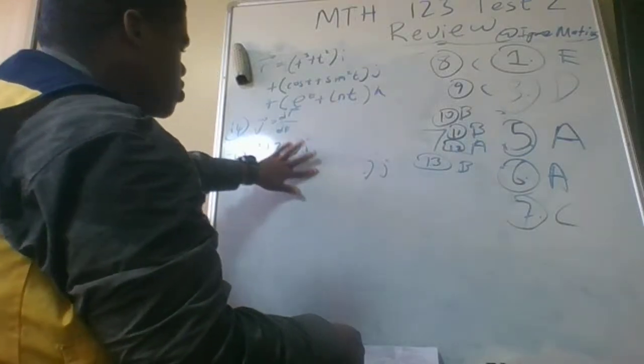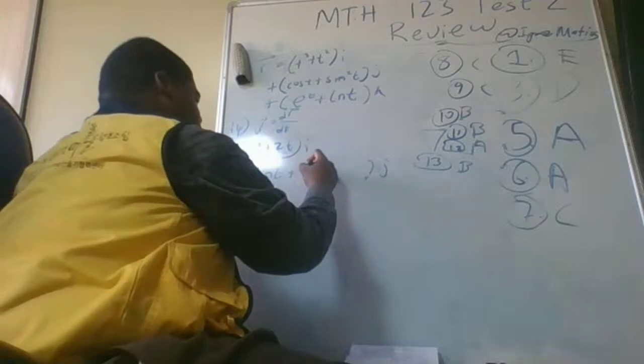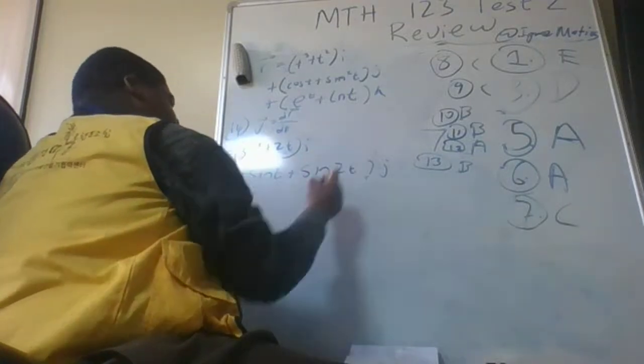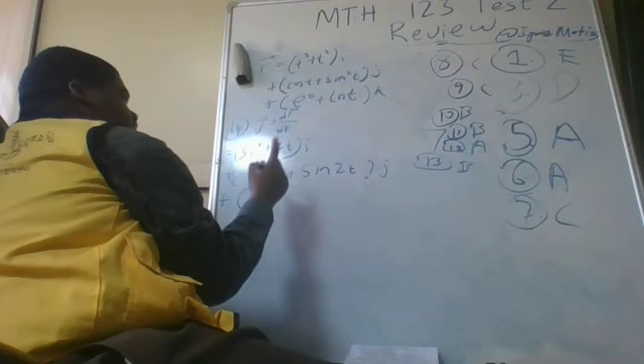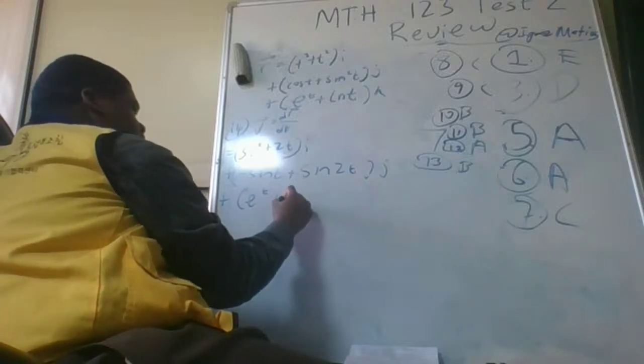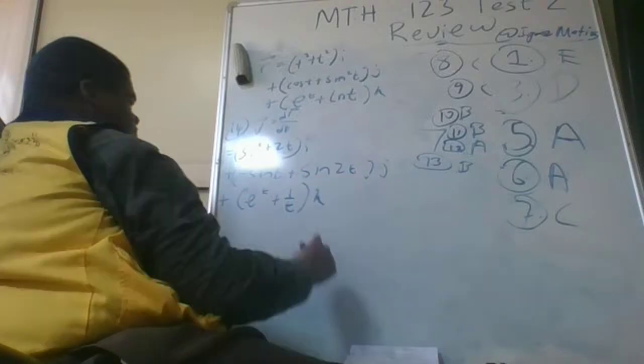I'm very sure you still remember what they taught you in Maths 111. So this will be sine 2t, plus differentiate e to the power of t, I have e to the power of t. Differentiate ln t, I have plus 1 over t k.